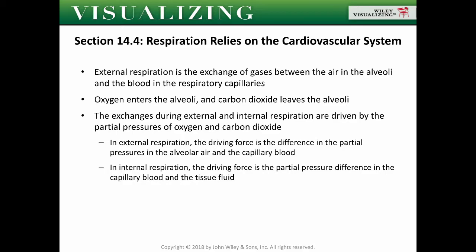The reliance of respiration on the cardiovascular system is because, although the respiratory system facilitates air entering and exiting the lungs, the actual exchange of gases relies on the cardiovascular system. You have oxygen entering the alveoli and carbon dioxide leaving the alveoli because of the concentrations of these gases in the bloodstream.